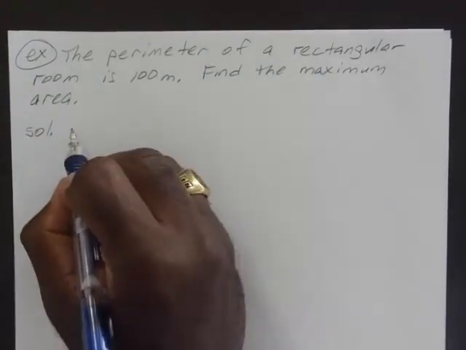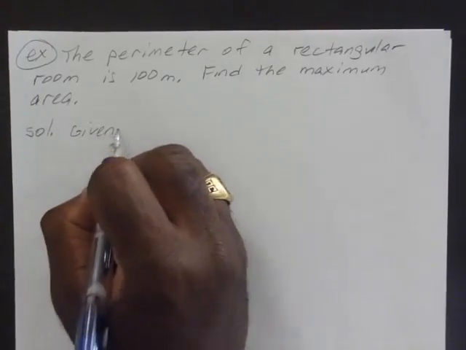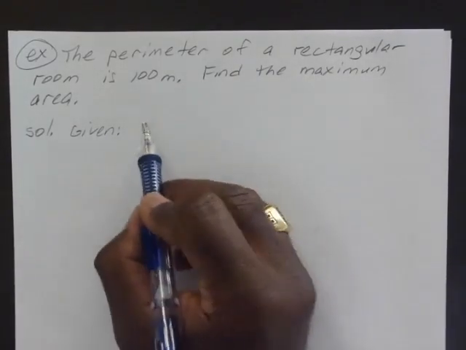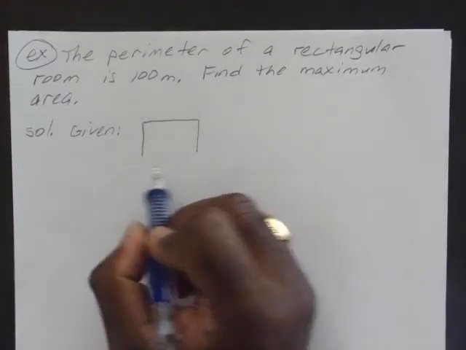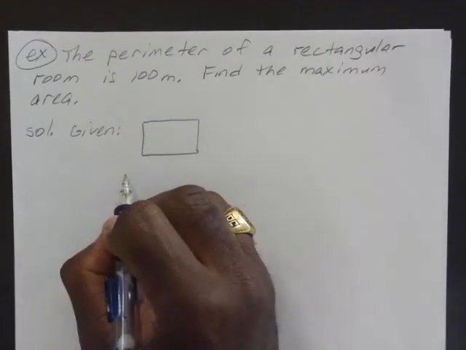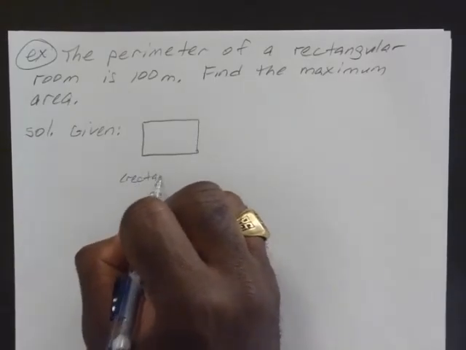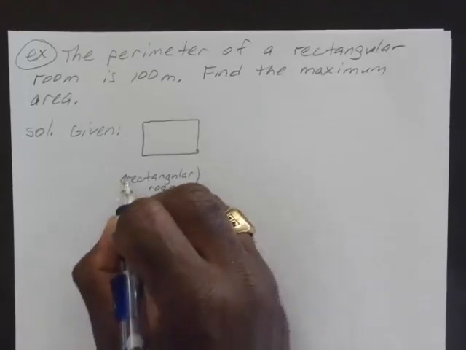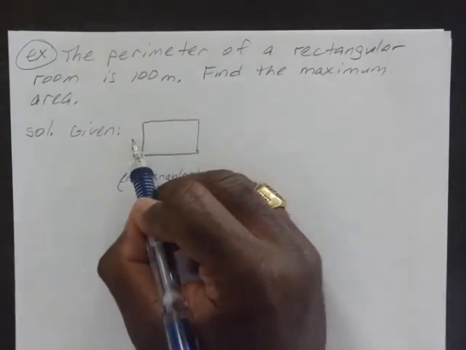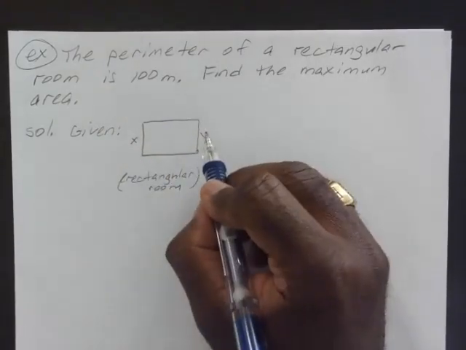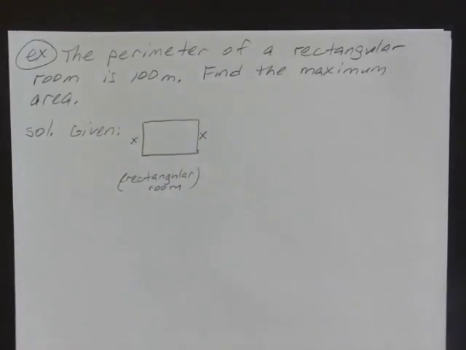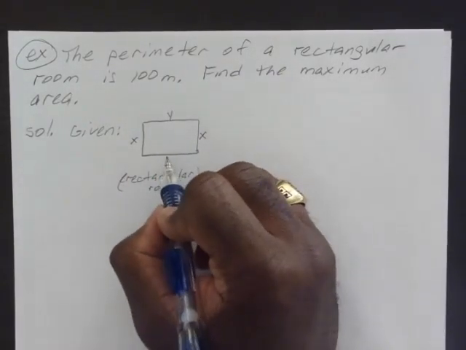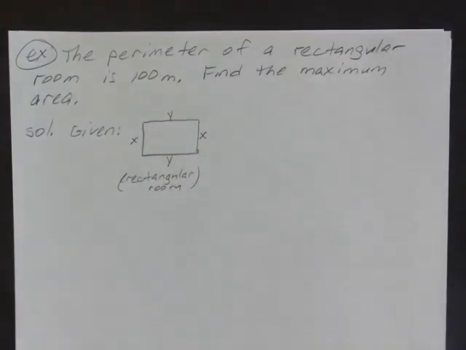Okay, so let's identify what was given to us. So if we draw our rectangular room, we know that these two parallel sides are equal length, so we'll call that some length x. And these two parallel sides are equal, so we will call that some length y.